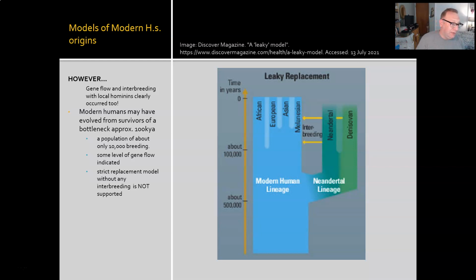But the one thing that is clear is that the notion of a strict replacement model, where African Homo sapiens leave Africa, arrive in these places, and the indigenous hominins die out without any gene flow occurring, is just not supported anymore. It's a much more complex picture of evolution.